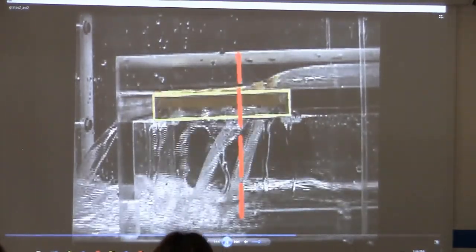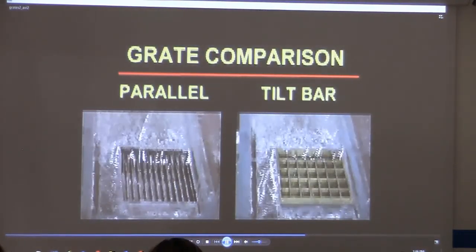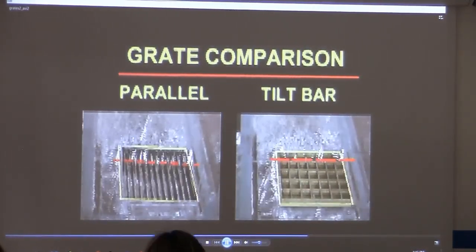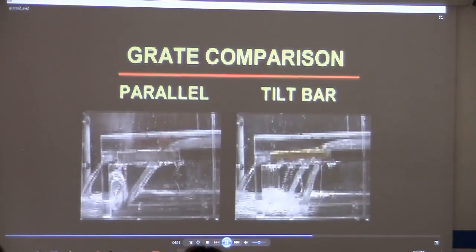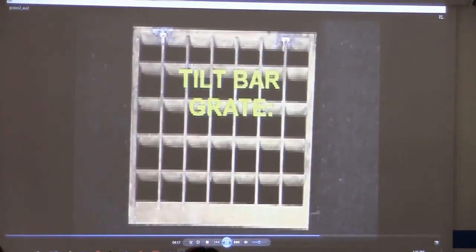I think it's just that. Probably be easier to keep up. Yeah, exactly. Sometimes maintenance folks and I've seen curved grates.